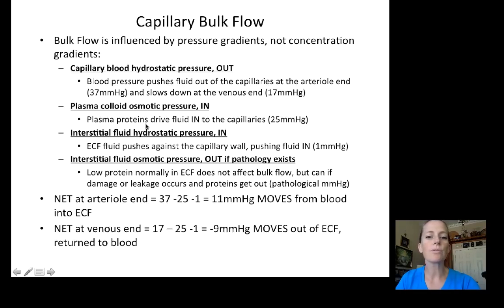So there are two pressures that are going to be important here: blood pressures or hydrostatic pressures and osmotic pressures. And both the capillaries and the tissues are going to have these pressures. This is really complicated and it can get really confusing really fast, so we are going to draw this out.